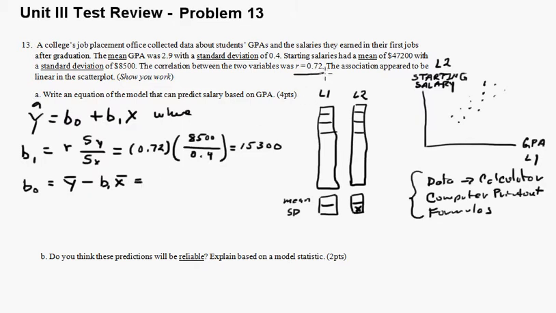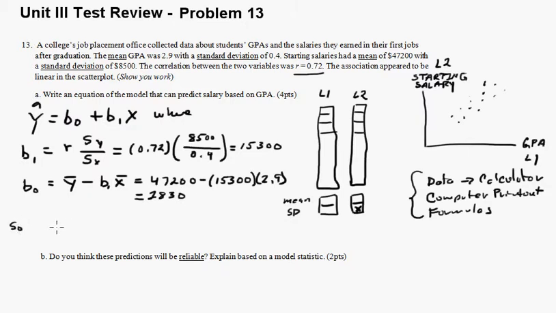Now to calculate the y-intercept, that's y bar minus b1 times x bar. The mean salary is 47200 minus 15300. So you have to calculate b1 first, then we put in 2.9. And that comes out to be 2830.